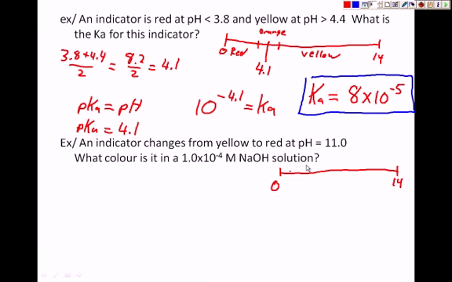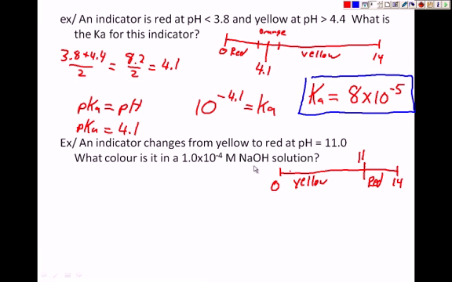It changes from yellow, and here is about 11, and then it goes to red. It changes at this pH, so it gives us the midpoint. Now it says, what color is it in a 1.0 times 10 to the minus 4 molarity of NaOH?